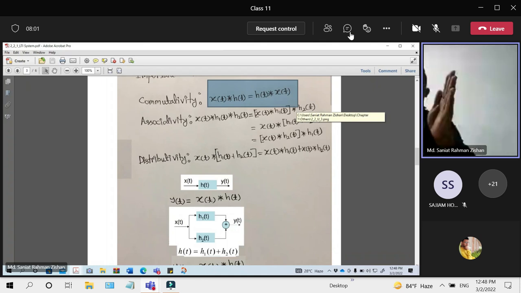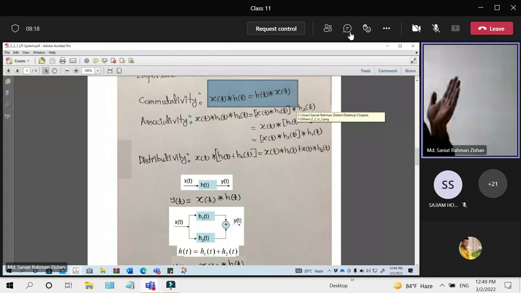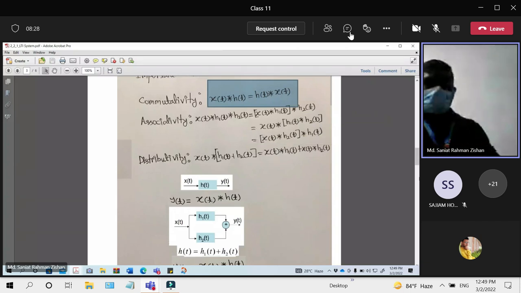It's like multiplication: A into B equals B into A. There will be no changes. While performing a mathematical operation, if it's needed, we have the option to interchange the signals. It's like multiplication.